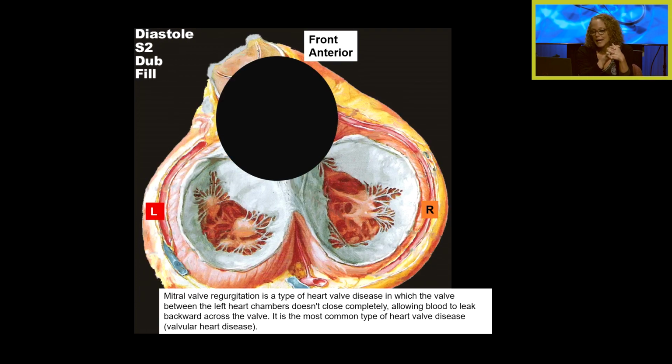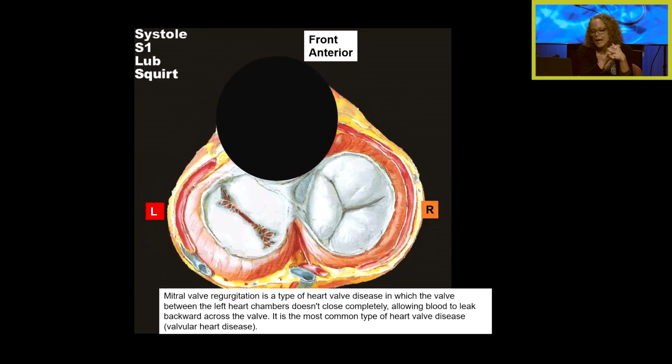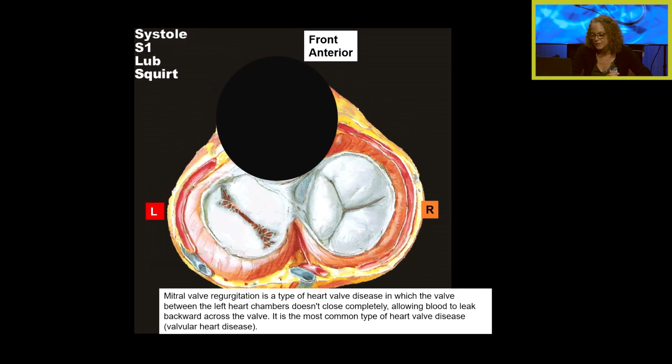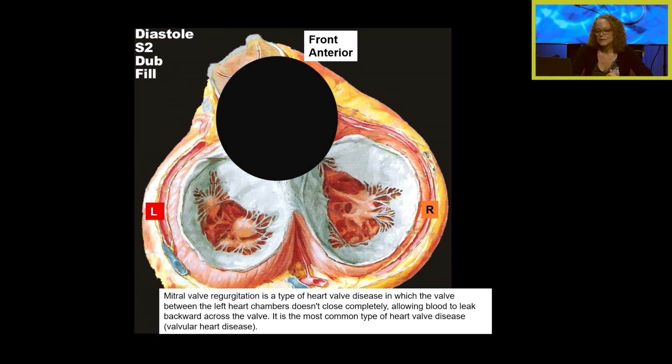It's the left AV valve, also known as the mitral valve. And in mitral valve regurgitation, it's a type of heart valve disease in which the valve between the left atrium and ventricle does not close completely, allowing blood to leak backwards across the valve. It's the most common type of heart valve disease. And what you will hear when you're listening with your stethoscope is a murmur.